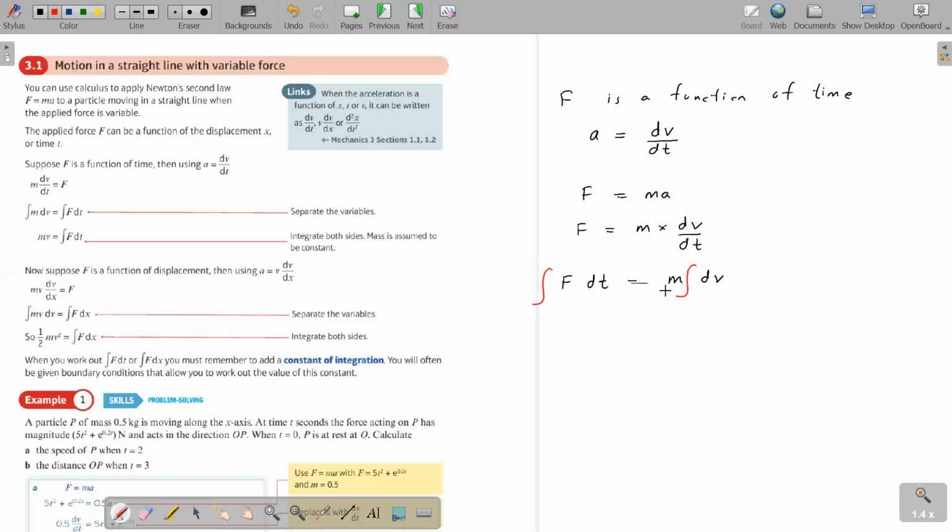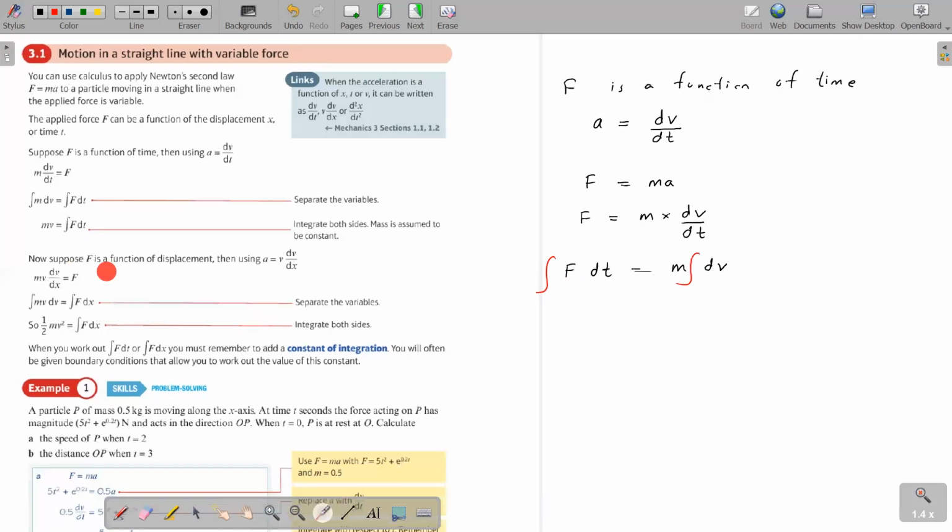Here m is a constant, you can leave it out. Here your force is a function of time, so you have some variable here with respect to t. This side you integrate with respect to t, and this side you integrate with respect to v. So this is basically what you're going to do. Okay, so we'll go for the example. Also, just to give you a heads up, I think you can see over here what they have done.